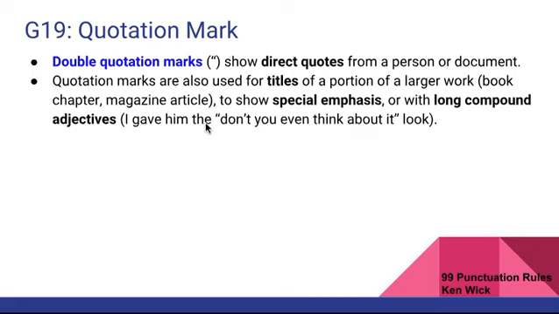Technically this is a compound adjective, and it could have dashes in between all those words, but once you get to a certain amount of words, they say use double quotes.